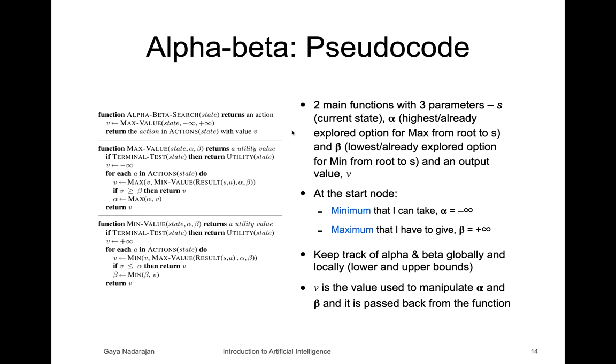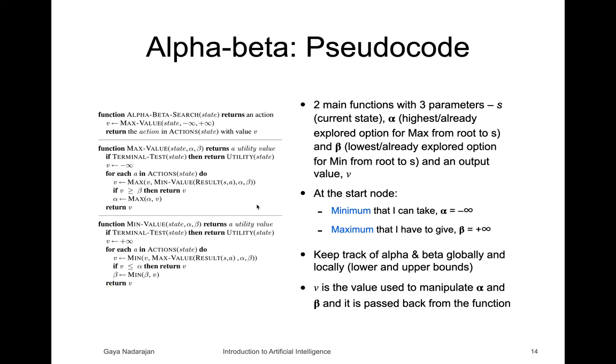And the output of this function is v, the value of the node, and this value will be returned. Okay, this is an output value. So the function will always return v, but will always take in alpha and beta.